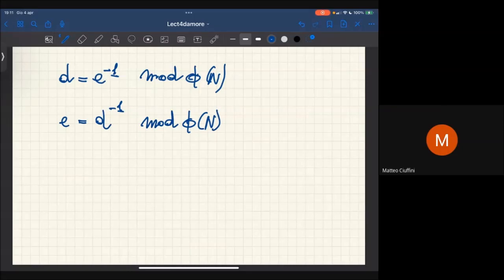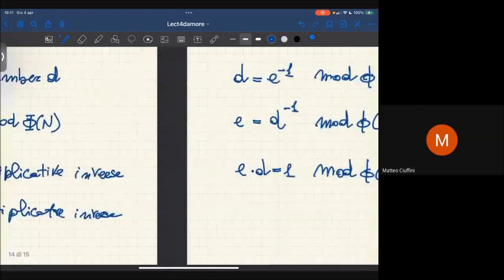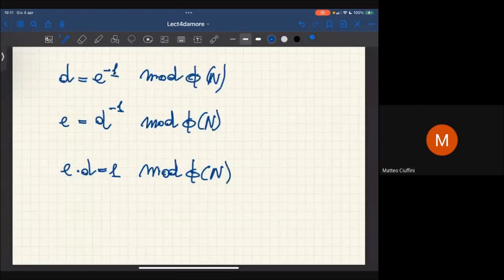What is important is that the product between E and D is equal to 1 mod phi of n. Okay, so let's remind step number 3. It says, Alice, you should compute a number that is the multiplicative inverse of E, mod phi of n. And so Alice should compute this number.